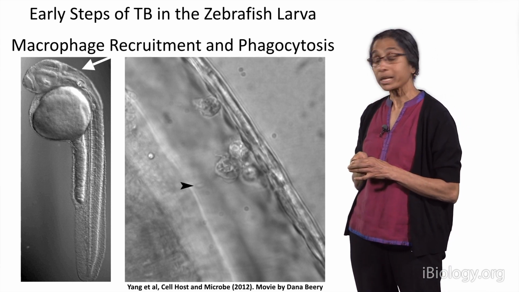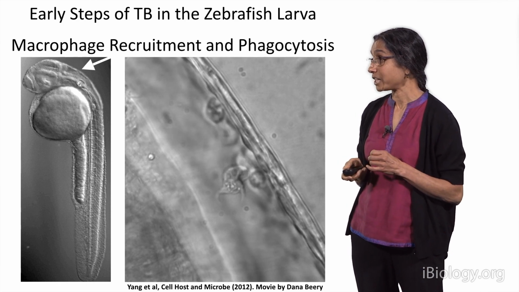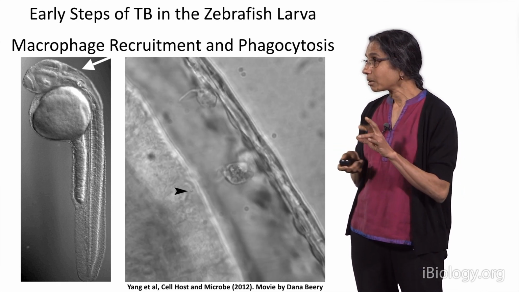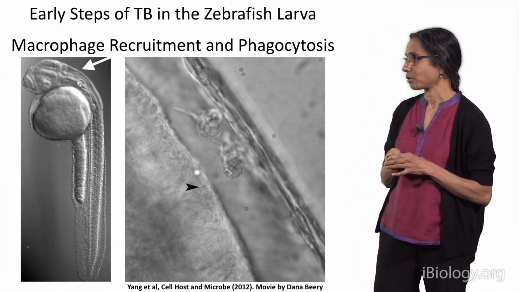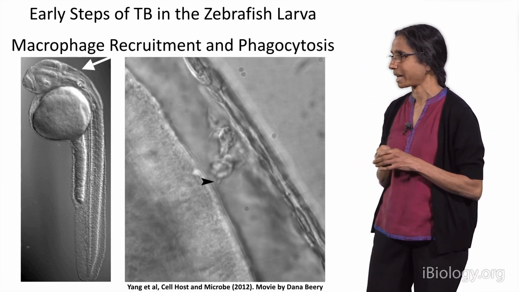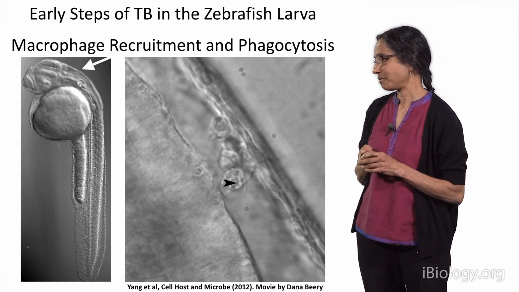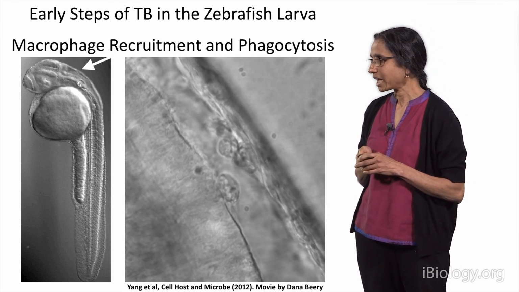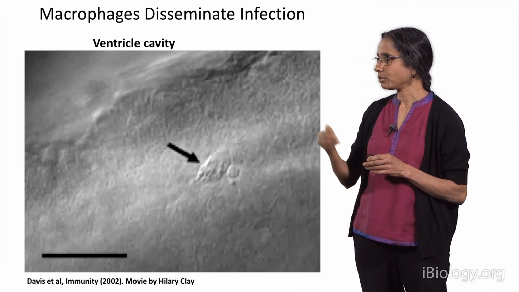And what we saw very quickly was that macrophages came, and you'll see the macrophages sort of chasing after the bacterium like a cat after a mouse, and eventually you'll see this macrophage gets it. And there you've got an infected macrophage. You can now follow these infected macrophages out of the cavity.